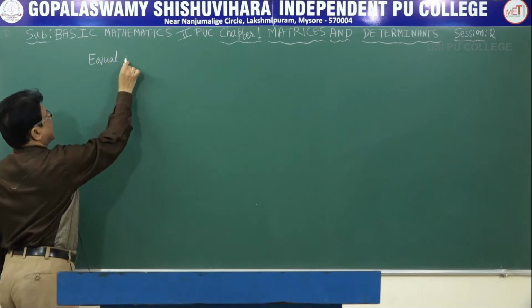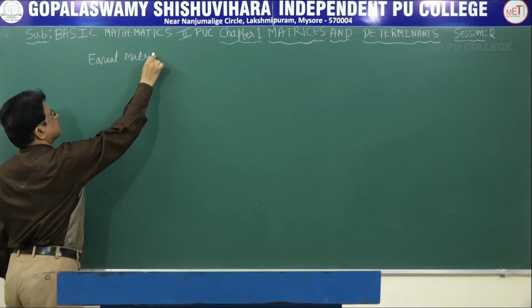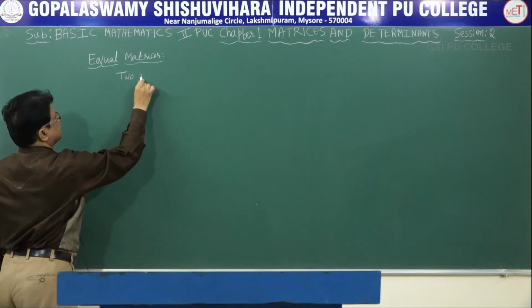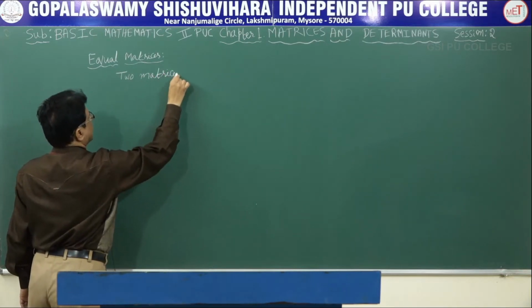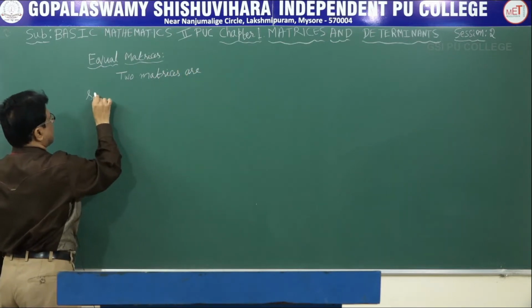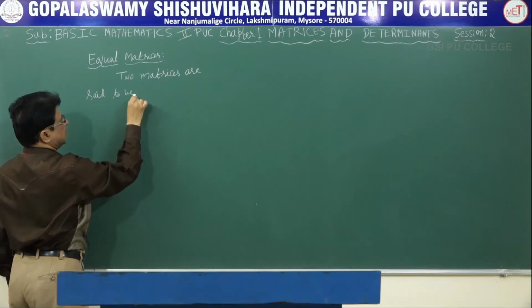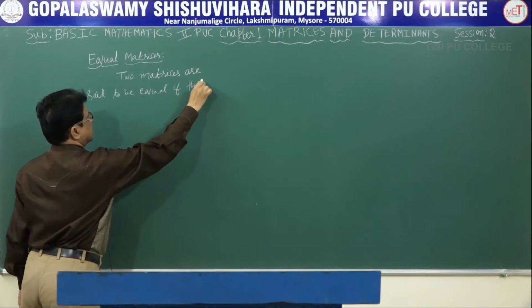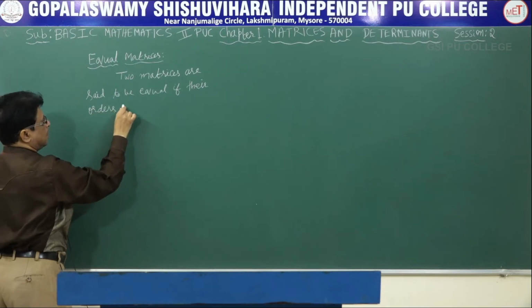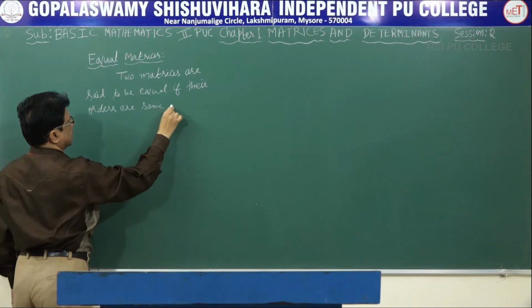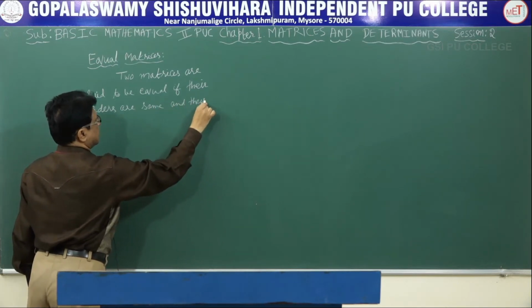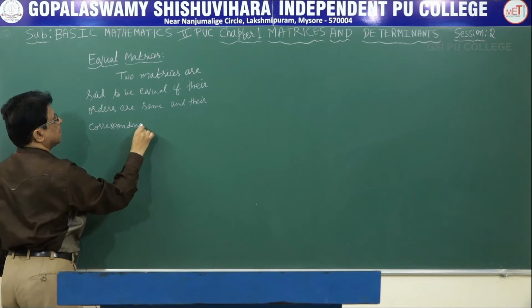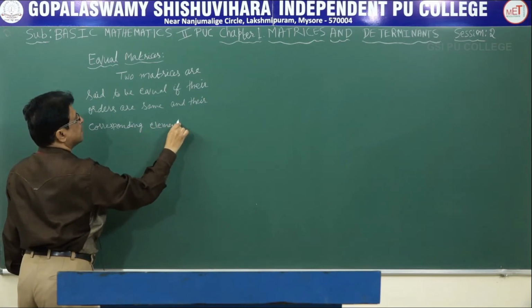Equal matrices. Two matrices are said to be equal if their orders are same and their corresponding elements are equal.